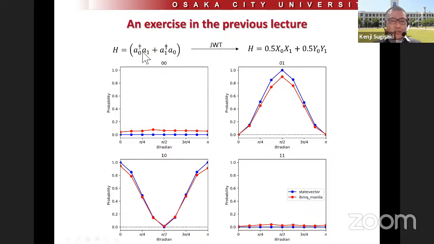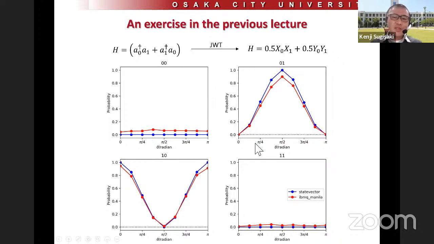So under this Hamiltonian, starting from one state, the quantum state evolves to the other state and then returns to the original state with a period of pi. If we perform the quantum phase estimation, the measured outcome should be something like the plot in blue.